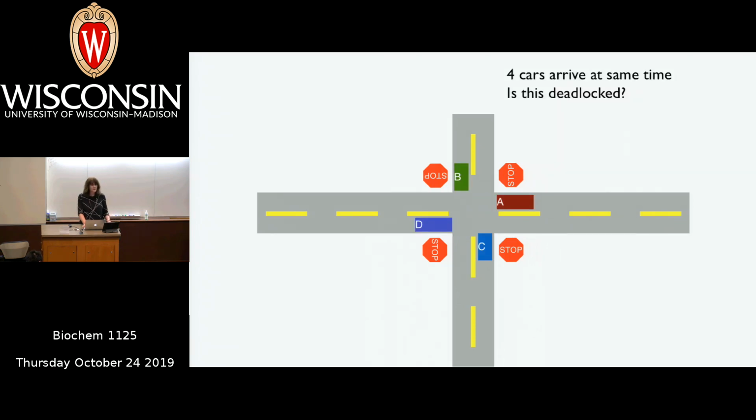Now, four cars arrive at your intersection. Are we in deadlock at this point? Well, we'll probably communicate, and as long as the drivers are human beings and not automated driving cars, they'll probably get through this, right? Because if A goes first, then D can clearly go, or C; we can communicate and do this one fine.